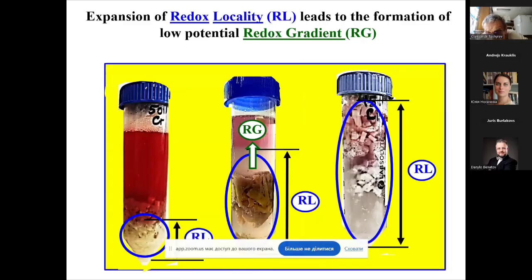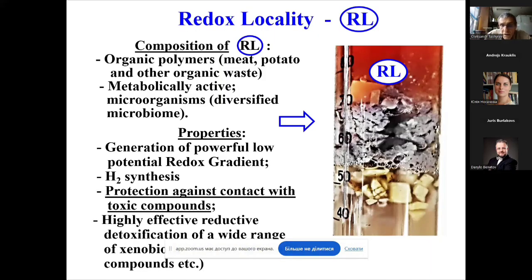And here you can see step by step changes in the process. At the beginning of the experiment, the redox locality was on the bottom of the tube, and on the second or third day, you can see the moving of the saturated and low potential phase up the tube, and simultaneously the reduction of chromate compounds.